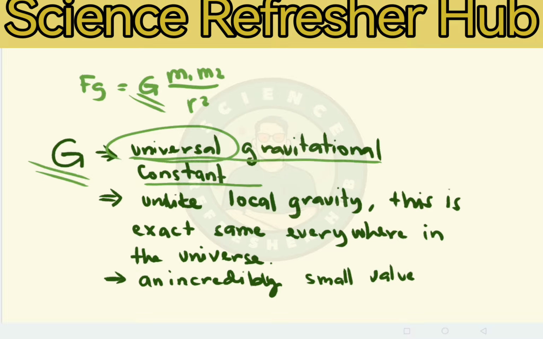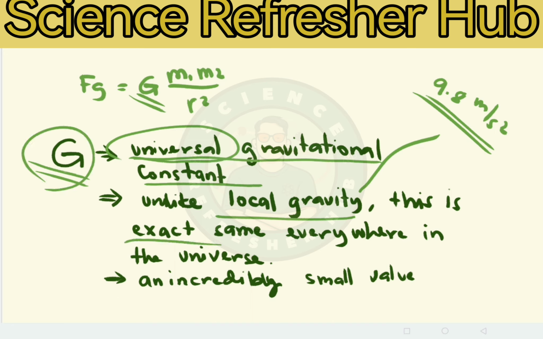Unlike local gravity, like on Earth, where the gravitational pull is 9.8 meters per second squared, and other celestial bodies have their own local gravitational pull, this G is exactly the same everywhere in the universe. Like I said, universally, it is used as a universal value, constant in any part of the universe.